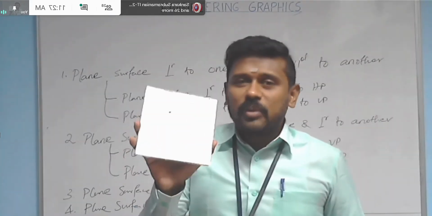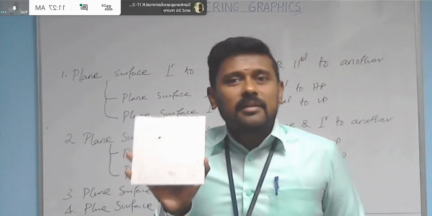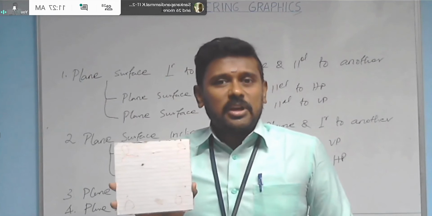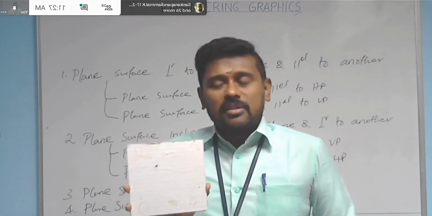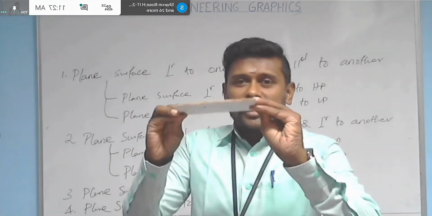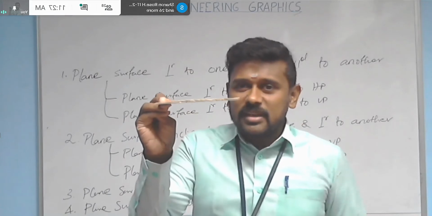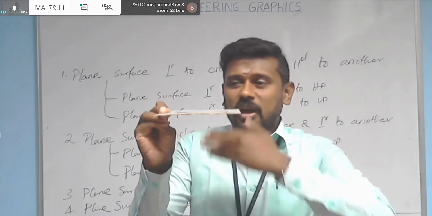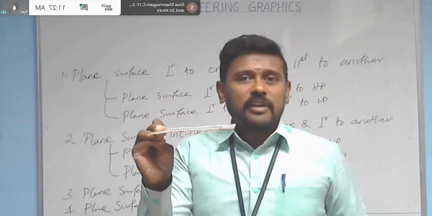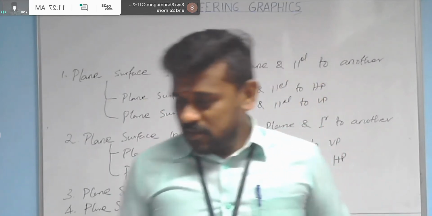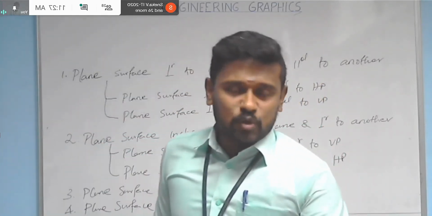If you want to make this square plane parallel to HP and perpendicular to VP, then you need to position it like that. Now it is parallel to HP and perpendicular to VP, because you are going to compare surface to surface.